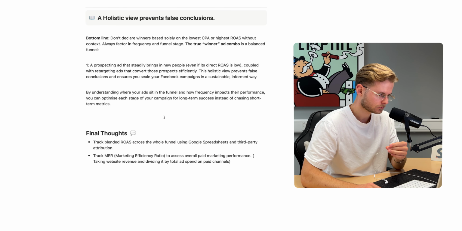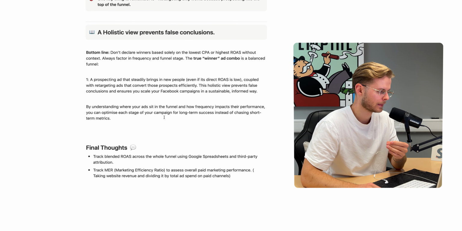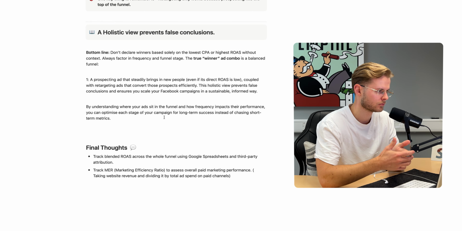So one of my final thoughts is that a better way to track this is through the blended ROAS across the whole marketing funnel. Whether you're using third-party attribution or Triple Whale, make sure you actually track the blended ROAS.